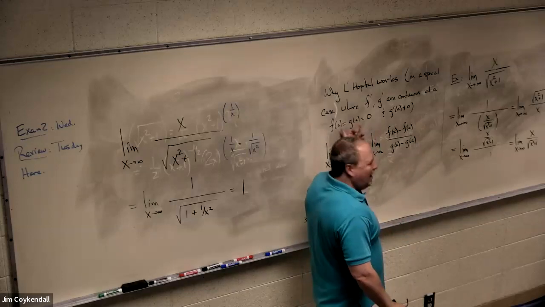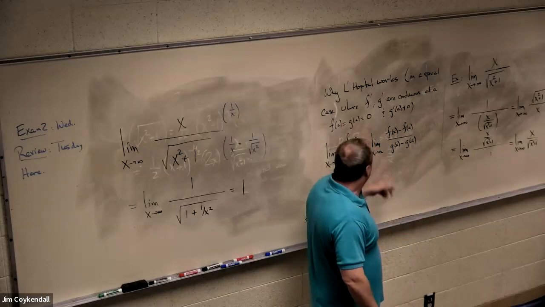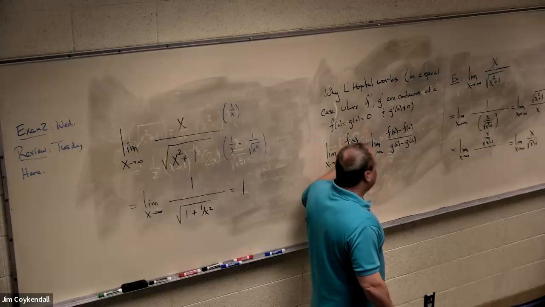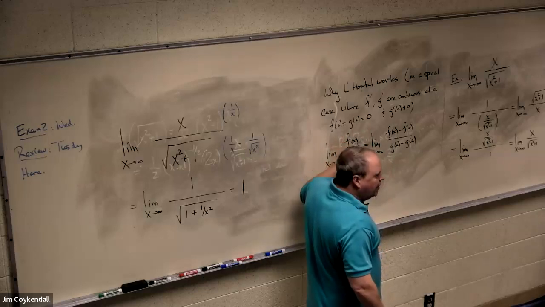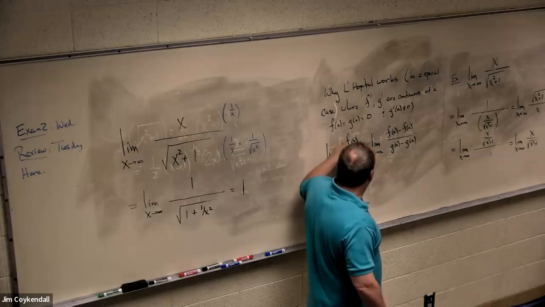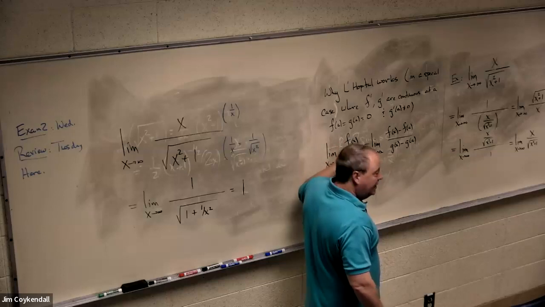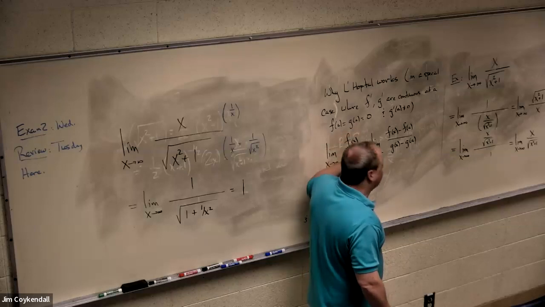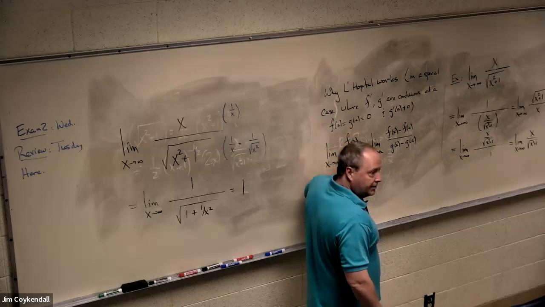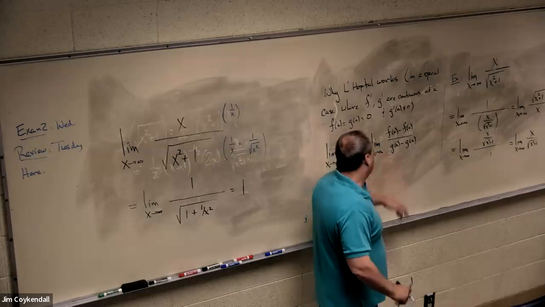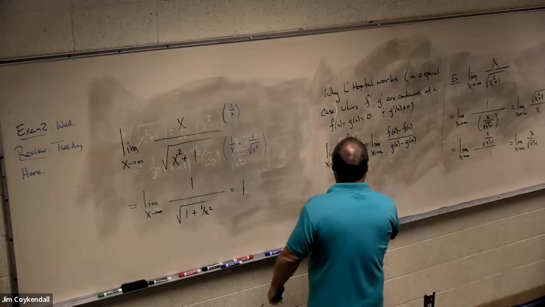Why is this some kind of reasonable assumption? Because if I were to take this limit here, what's the first bonehead thing you could do? You would plug in a for x. And this is just the case where you get 0 over 0, right? So this is not a reasonable thing.